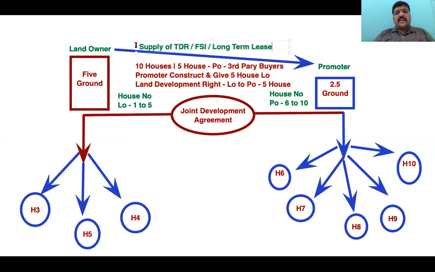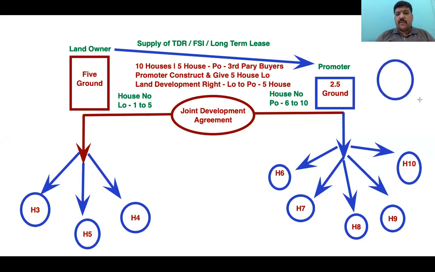No doubt there is a transfer of either a development right or an FSI or a long-term lease to the promoter. Here, government says the respective promoter is liable to pay tax. Actually, the supplier of service is the landowner, but government is very clear. The promoter alone is liable to pay tax. Don't ask me why.